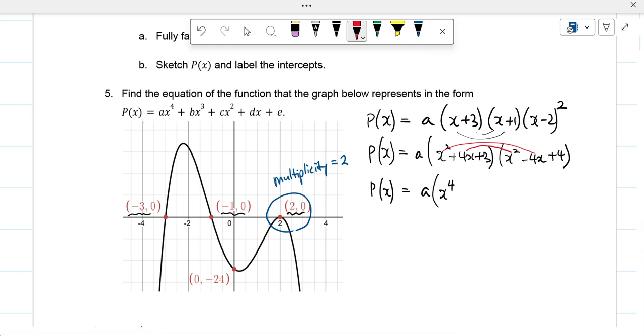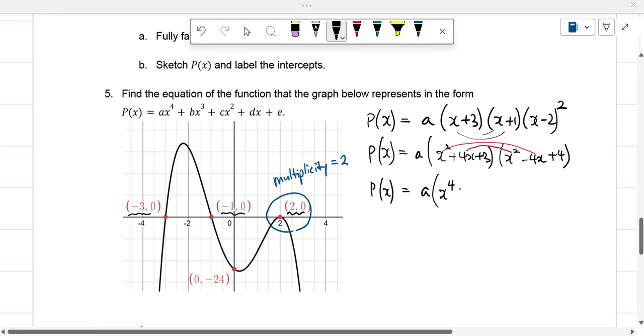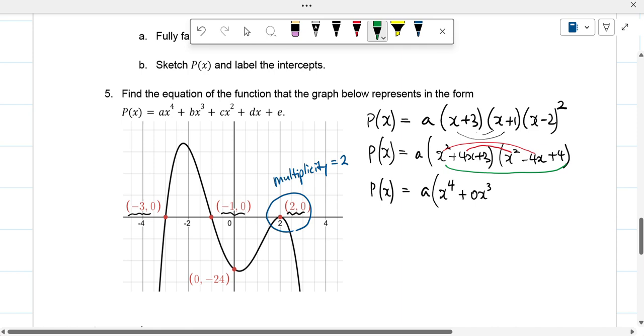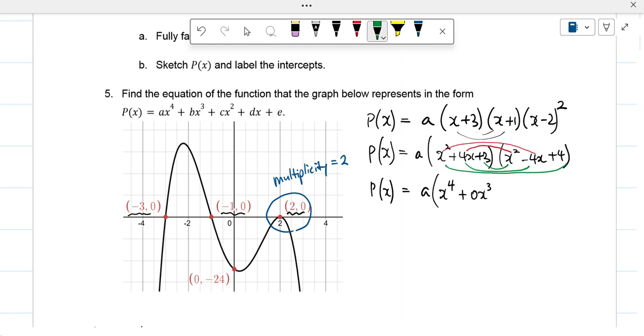So negative 4x cubed plus positive 4x cubed will be 0x cubed. Now let's look for the pairs that include squares. So I think that's going to be x squared times 4, 4x times negative 4x, and 3 times x squared. 4x squared minus 16x squared plus 3x squared, 7 minus 16, minus 9x squared.